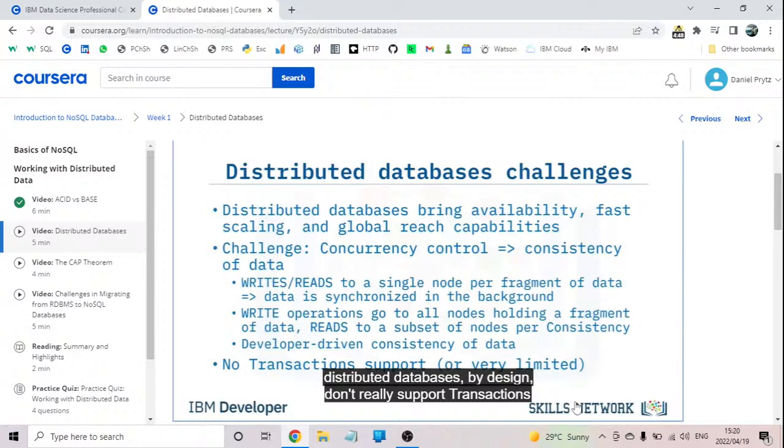So writes and reads to a single node provide data that is synchronized in the background. So when a database is getting reads or writes, the synchronization could be delayed.